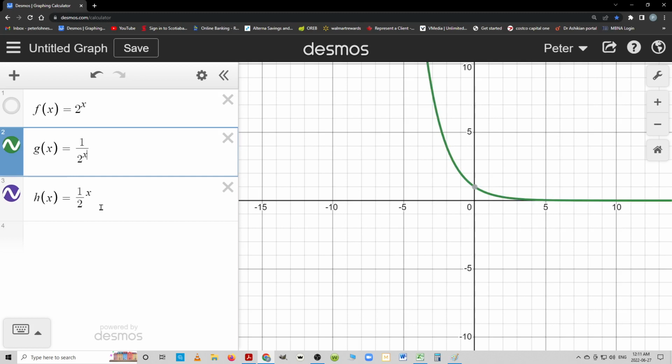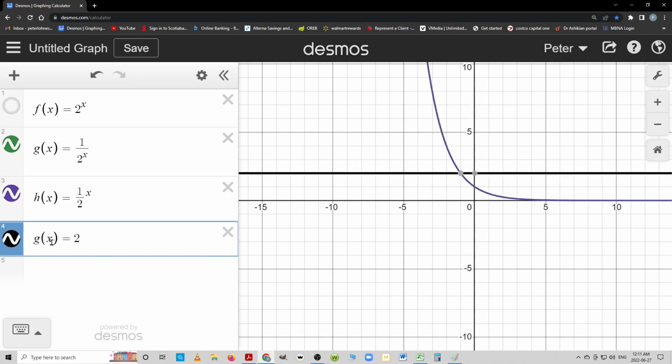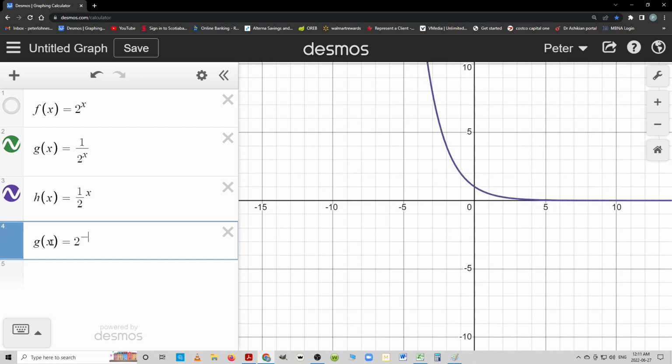let's see if I can explain it in a way that works. g of x there is the same as this. So that's also the same.